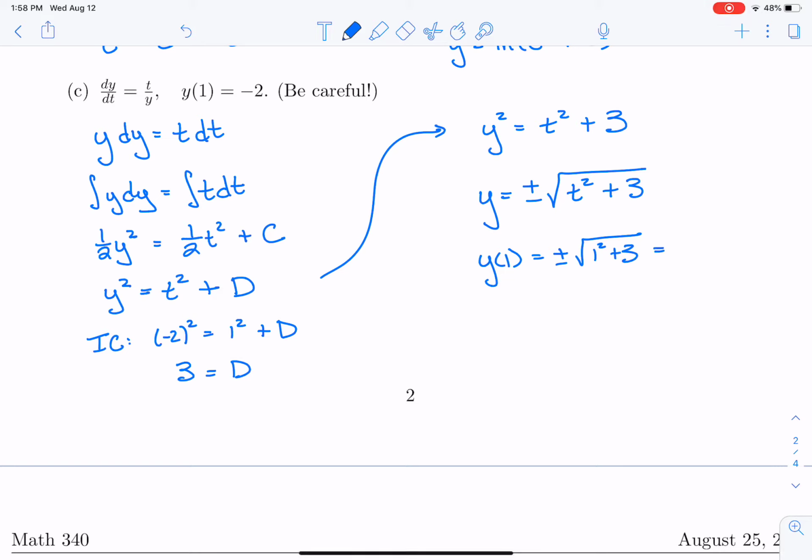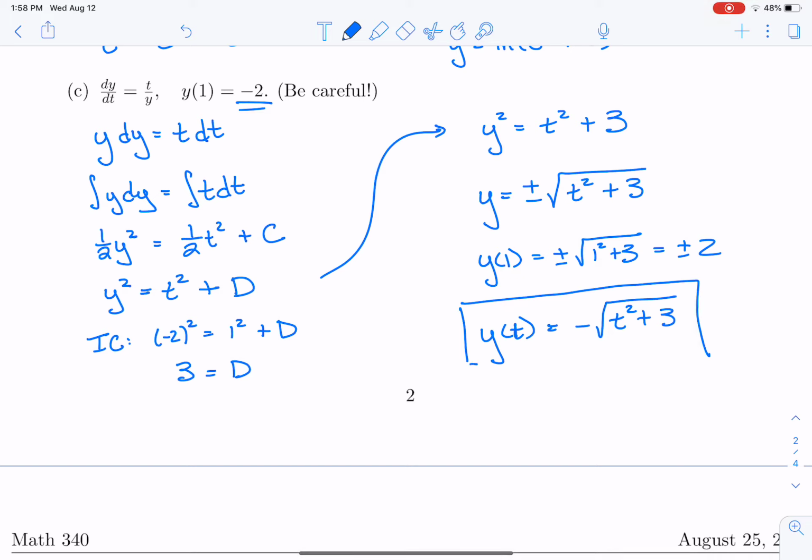So that looks like plus or minus 2. And so I need the initial condition to match negative 2. So I'm going to have that y of t needs to be the negative square root of t squared plus 3 so that it matches the initial condition.